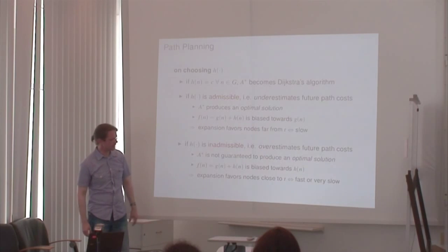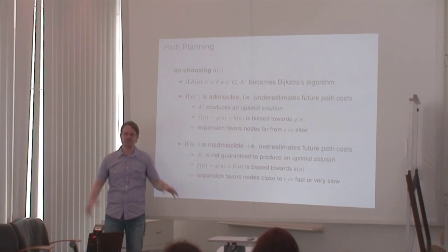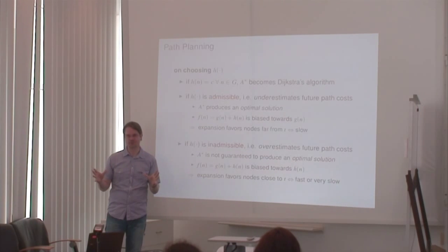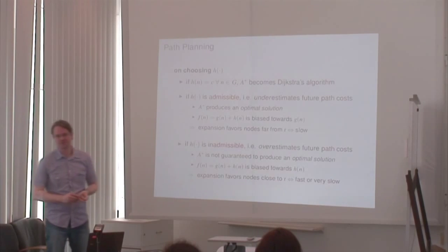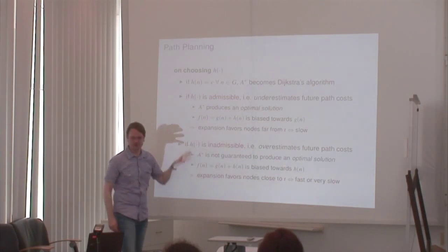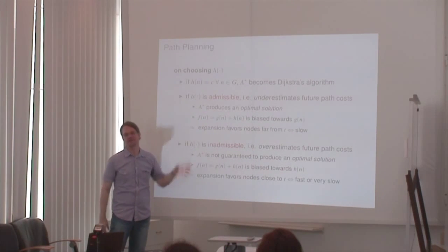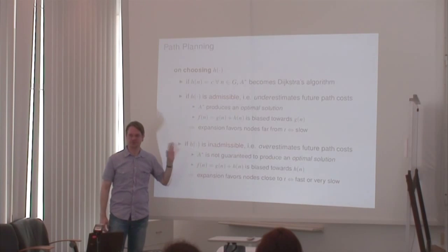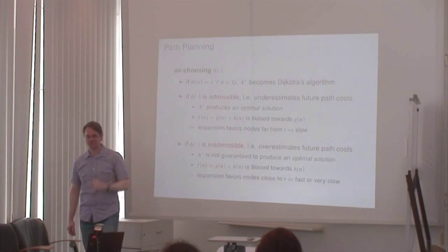On the contrary, if we choose an inadmissible heuristic, it is either very fast or extremely slow, and there's nothing we can do about it. So if we luck out and choose some H that is not admissible, if we are lucky, that actually buys us something, but typically this is thin ice, and you shouldn't step on it.